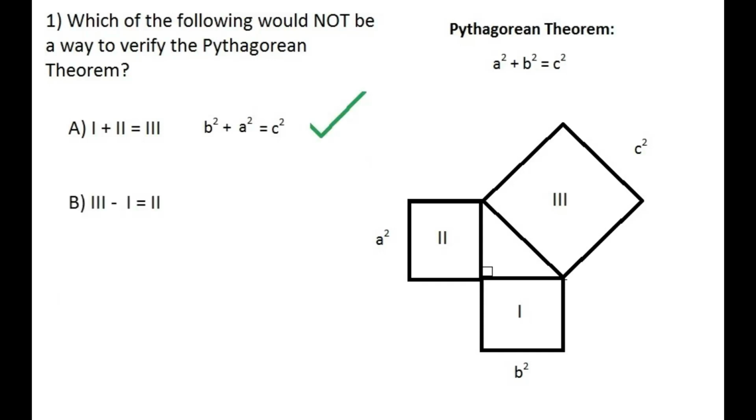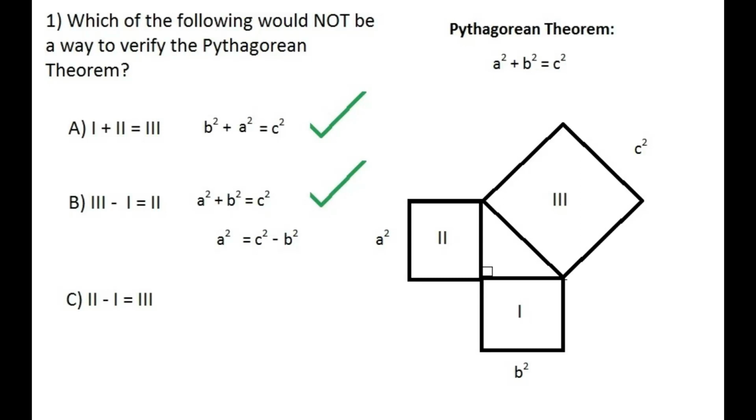Is block 3 minus block 1 block 2? So we start with our theorem, and can we rearrange it to look like these representations? And yes, we can. A squared, which we're calling block 2, is equal to block 3, c squared, minus b squared, which is block 1. So this one is also true.